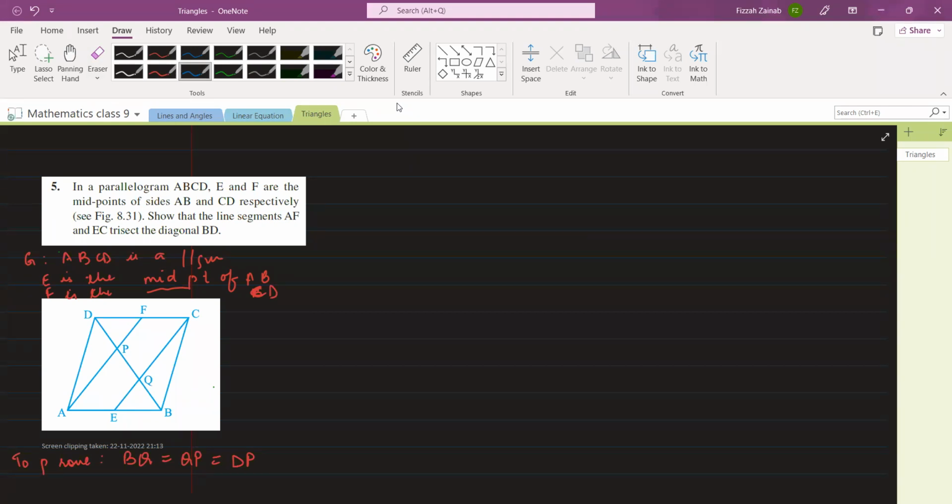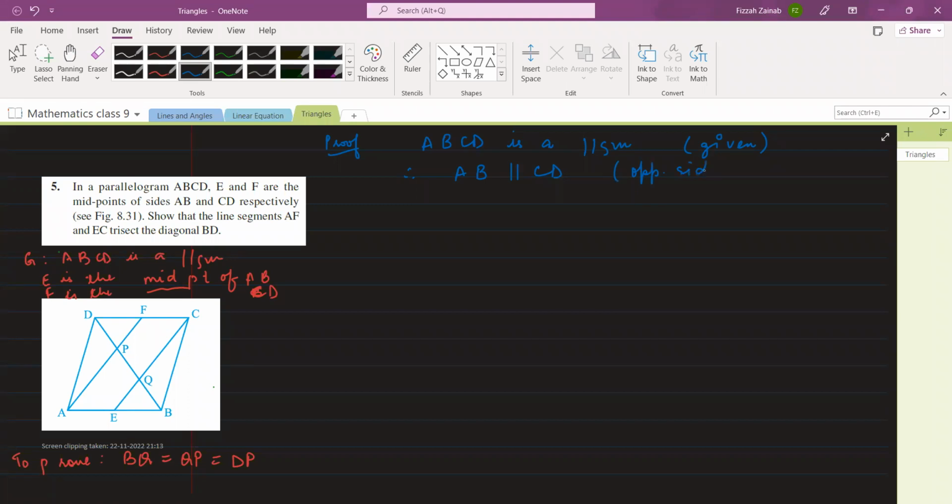Now, because ABCD is a parallelogram, this is given to us. So that means the opposite sides are parallel. Therefore, I can say that AB is parallel to CD. Why?